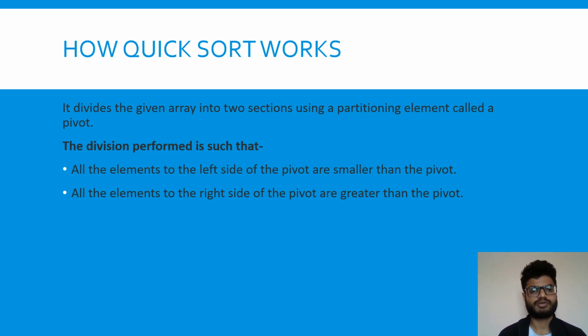The division is performed such that all the elements on the left side of the pivot are smaller than the pivot, and all the elements on the right-hand side of the pivot are greater than the pivot.